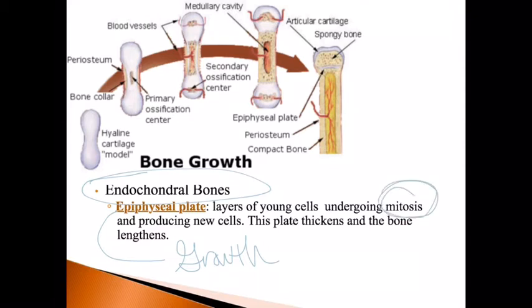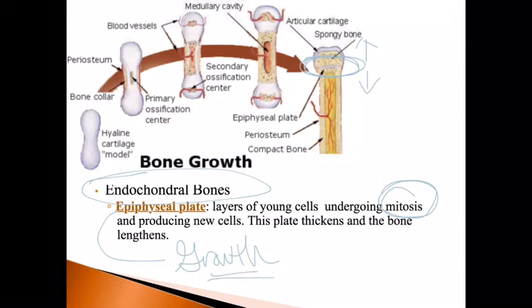Mitosis, remember from biology, is the dividing of cells to produce new cells. So what happens is, as more cells divide, the plate thickens, and then the bone actually gets longer. So if you look right here, this plate is going to thicken, and then it's going to make the bone longer, hence your growth plate.